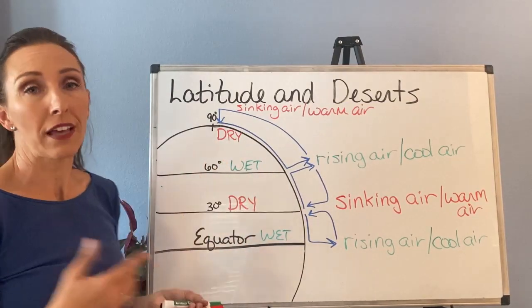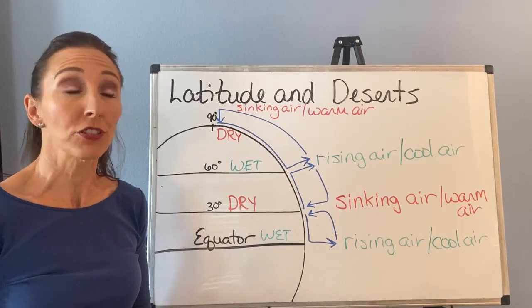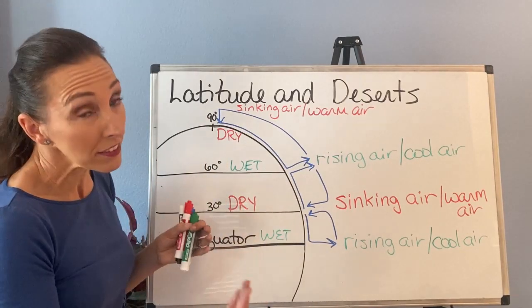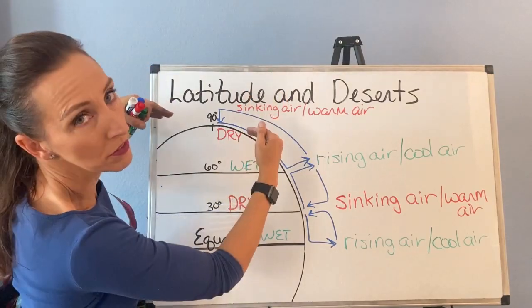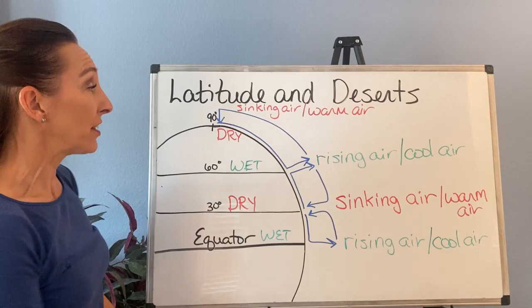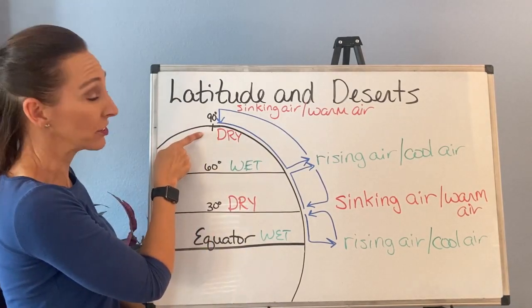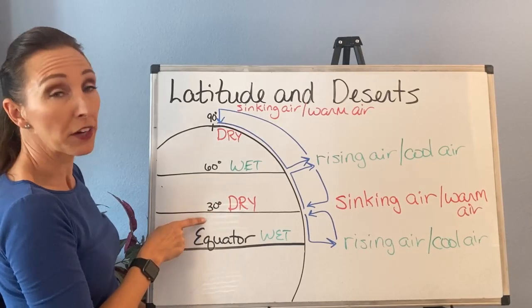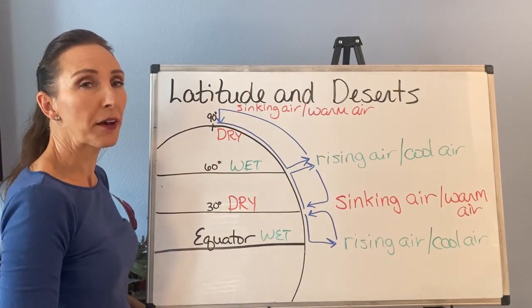Our pole is actually a desert, because it really does get very little moisture, because relatively the air is warming up. It goes from very cold to kind of cold, and it holds on to all that moisture. That's why we get our dry bands at the poles for our polar deserts, and then our dry band right at 30 degrees, which happens in the northern and southern hemisphere.